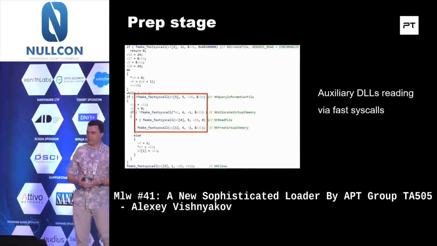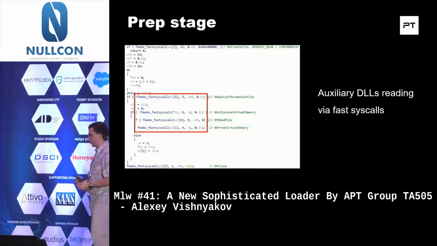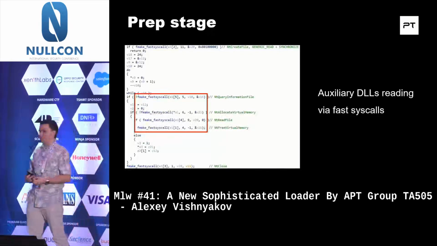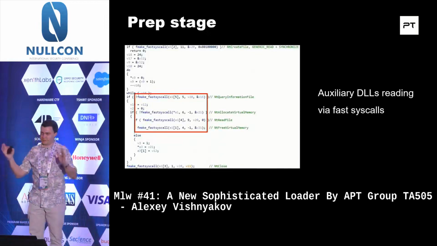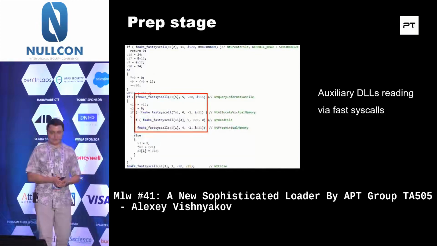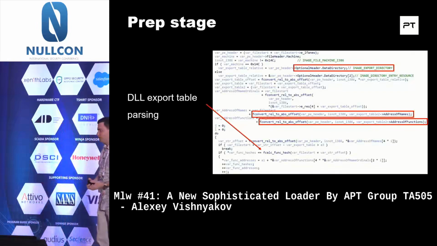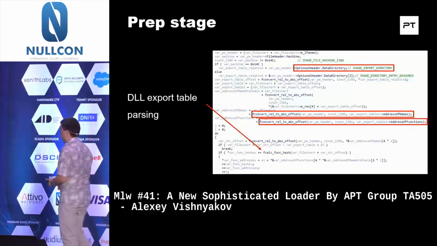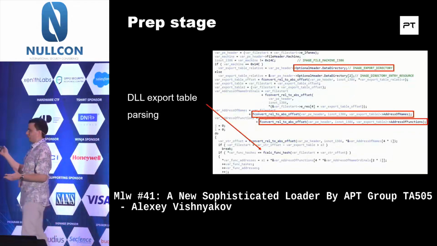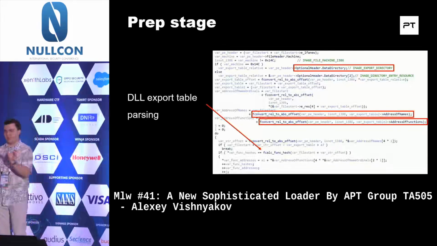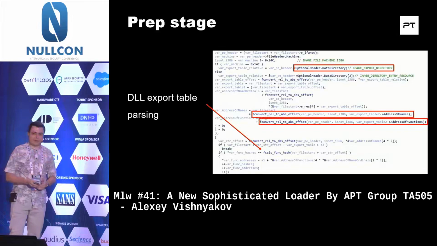Yeah, we have the 16 most important functions. Now we can find the necessary libraries and read them. After that, we can parse the PE header of these libraries, locate the export table, enumerate all function names, and for each name, calculate a hash.